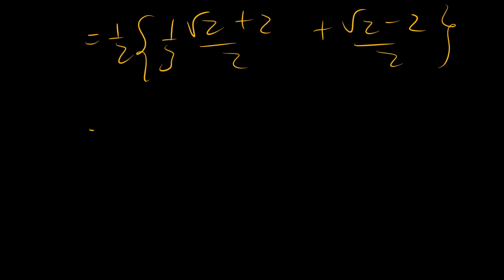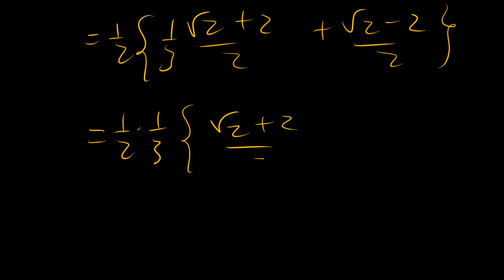We can pull a third out, and so we have root 2 plus 2 over 3 over 2, sorry, plus 3 root 2 minus 6 over 2.